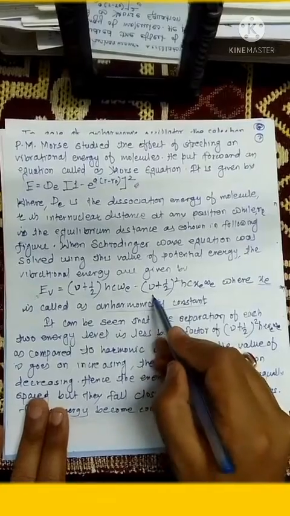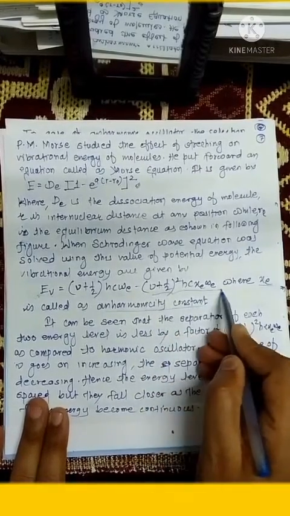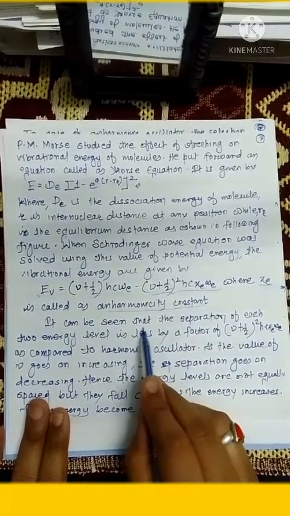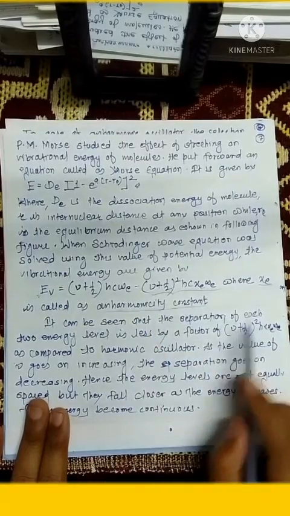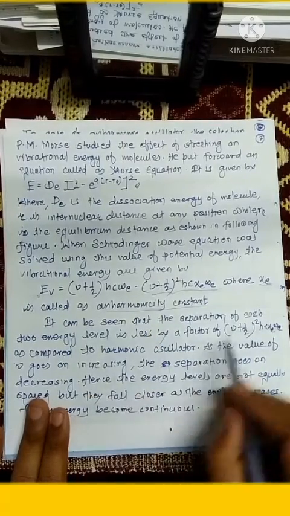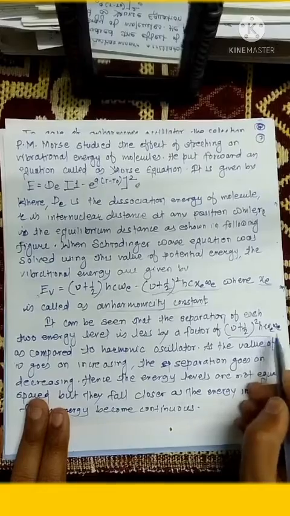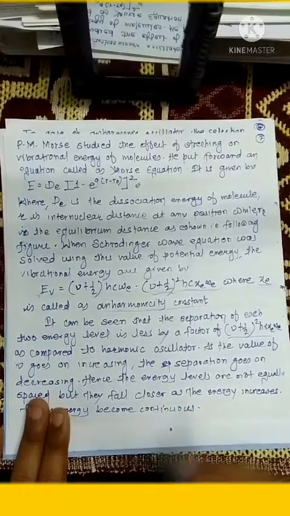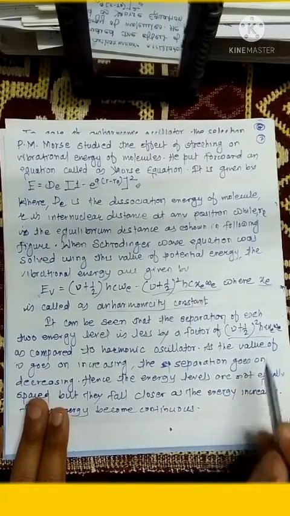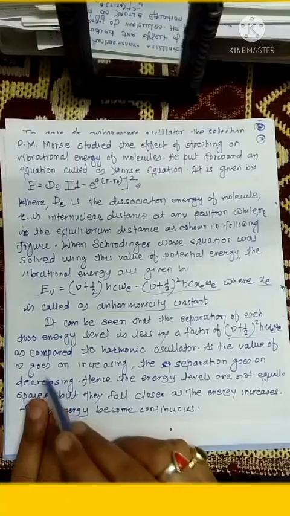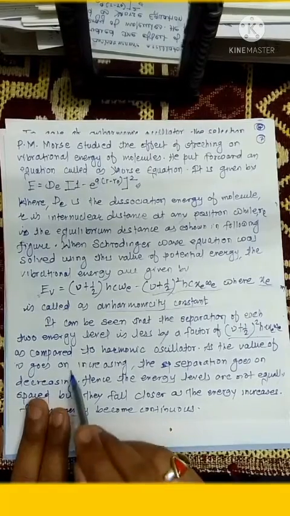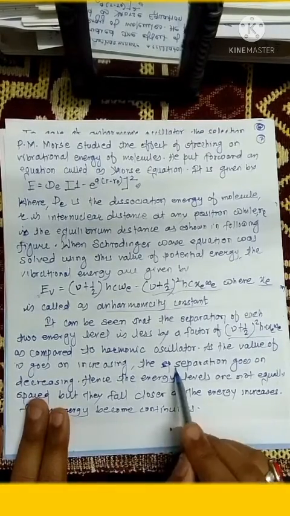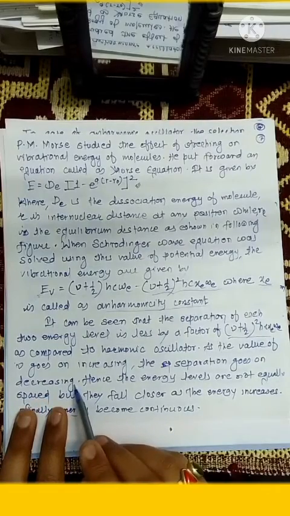Now this term is of our interest. It can be seen that separation of two energy levels is less by this factor as compared to harmonic oscillator. So as the value of ν goes on increasing, the separation goes on decreasing.